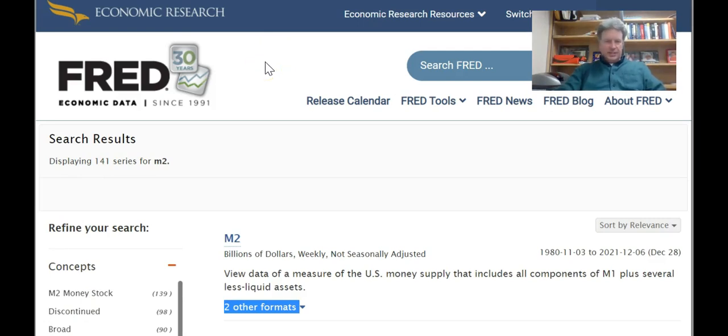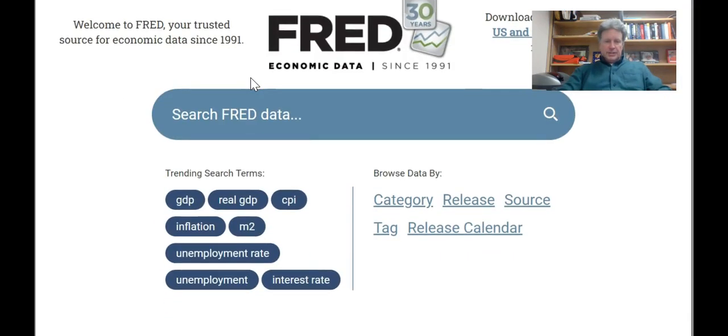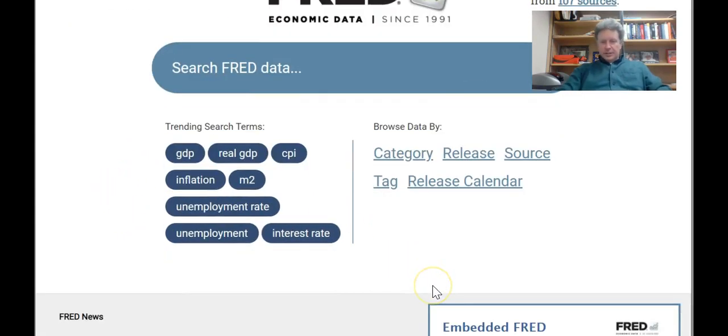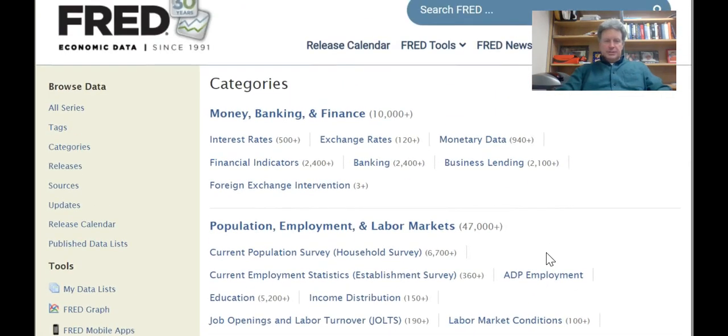You just type FRED into the command line to search. I'll show you the home page here. This is what it looks like, and sometimes it has the things you want right here. Otherwise, you can look through all these listings.